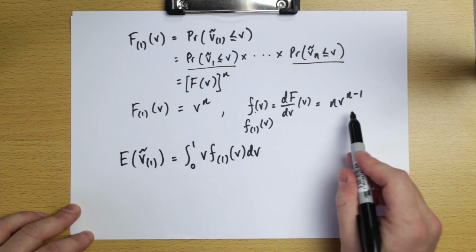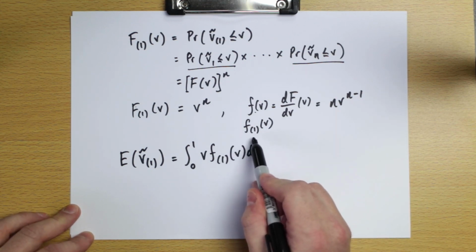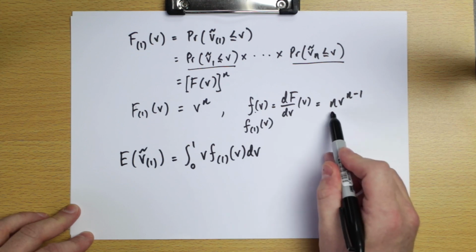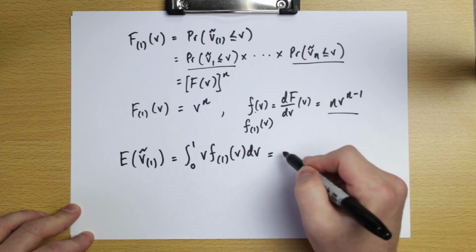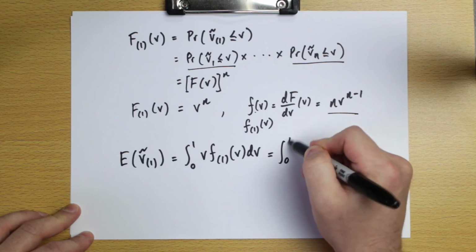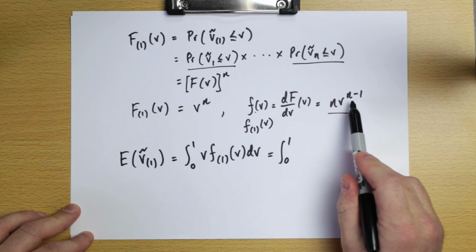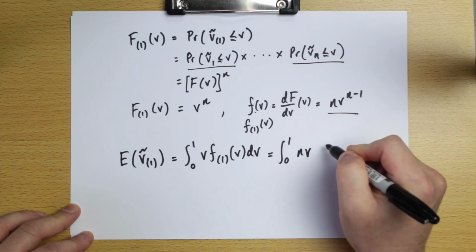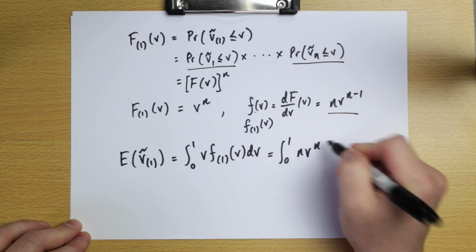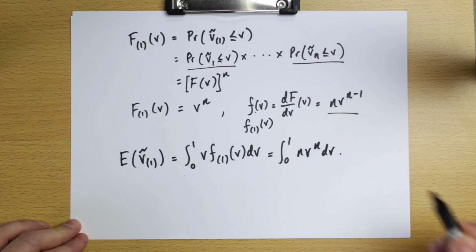Now we can actually calculate this. So I know that the density function of the first order statistic is this chap here. So let's replace that. This is 0, 1. I've got v multiplied by v to the power n minus 1. So I've got n times v to the power n, dv.